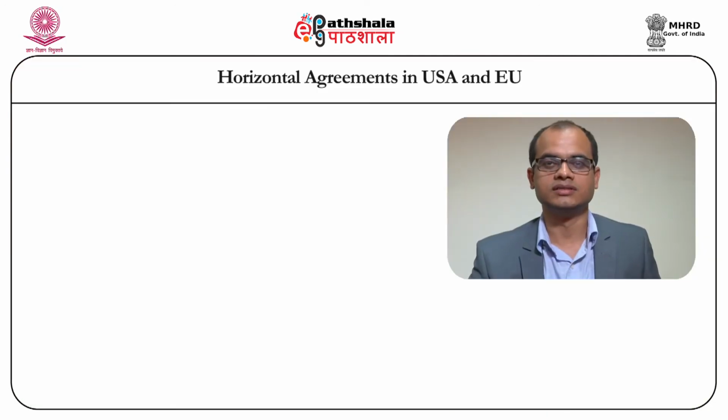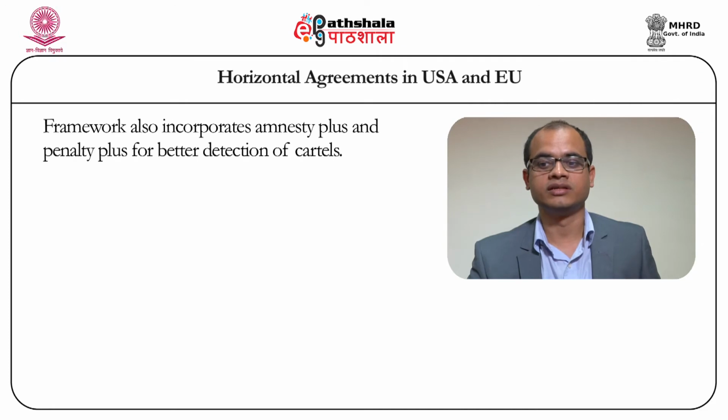Type B leniency offers immunity from prosecution when an applicant is first to approach the Antitrust Division after an investigation has begun. In this case, the company is first to come forward and qualify for leniency. So this was the leniency policy we were discussing. Now the US legal framework also incorporates amnesty plus and penalty plus for better detection of cartels.